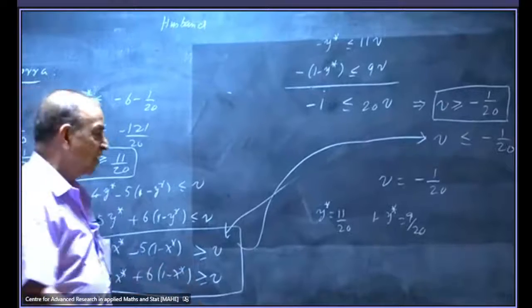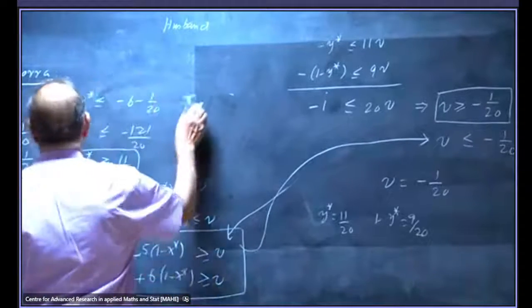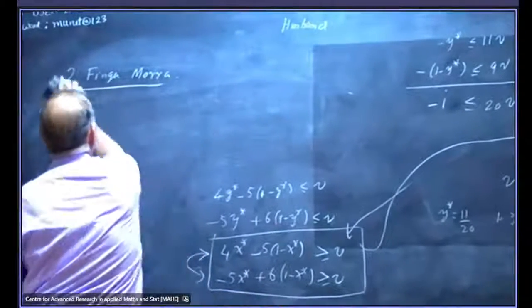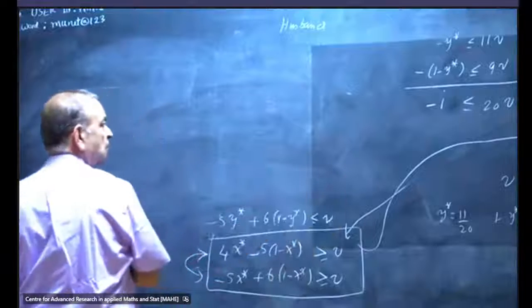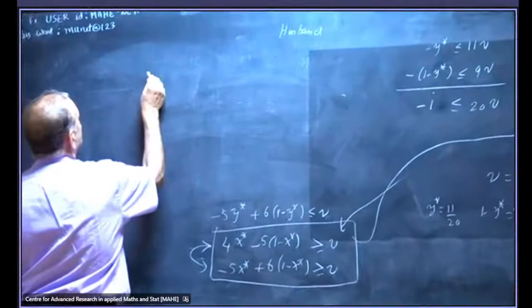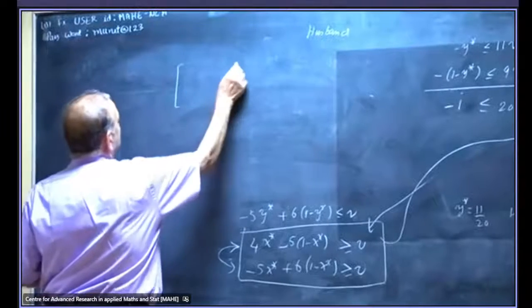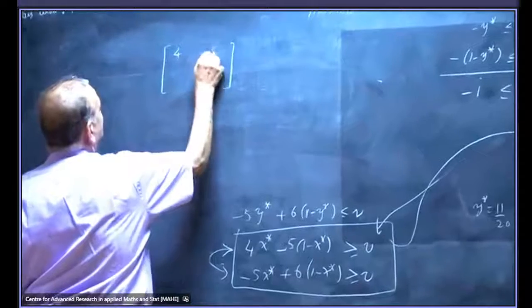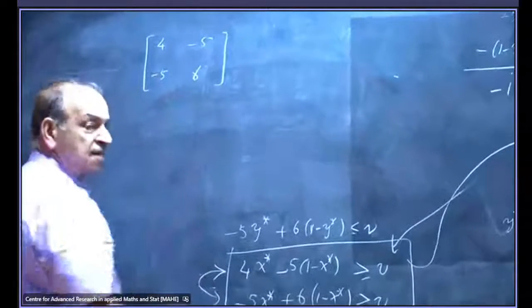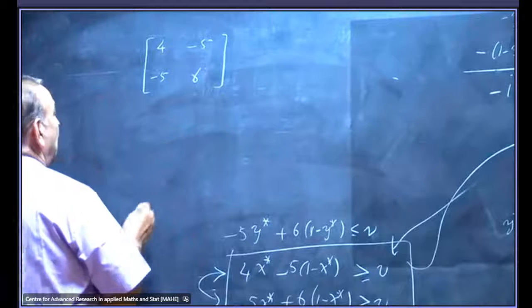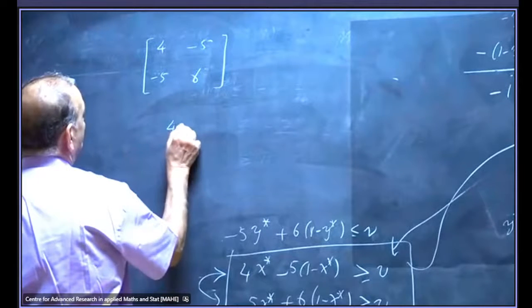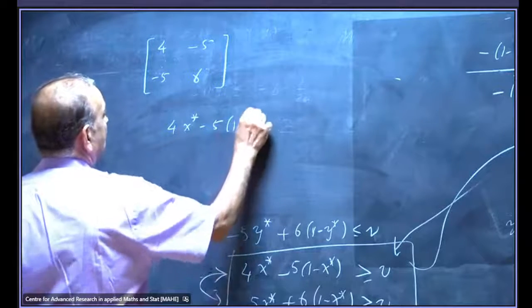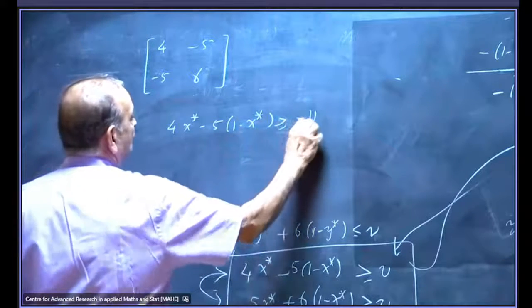Okay. Similarly, what was our matrix? Let me eliminate this. So what was our original matrix? It was 4, minus 5, minus 5, 6. Yes, that's what it was. And 4 x star minus 5 times 1 minus x star is greater than or equal to minus 1 over 20.